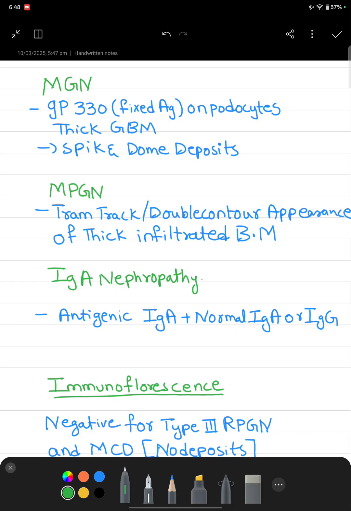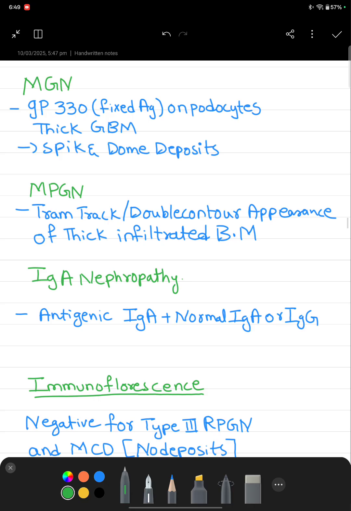The glomerular basement membrane is thick. MPGN will also show a thick glomerular basement membrane. Cellular proliferation is absent in MGN, but in MPGN there is cellular proliferation, and a double contour appearance is also seen.